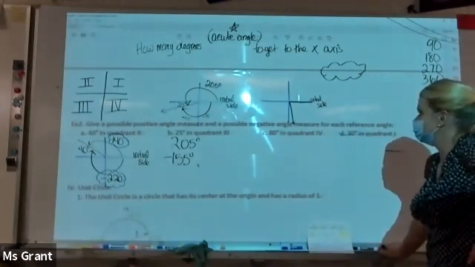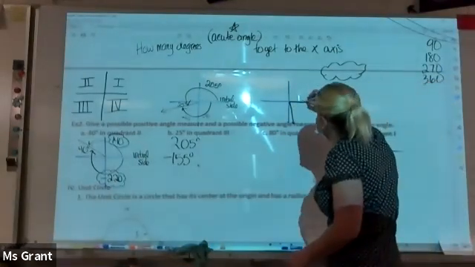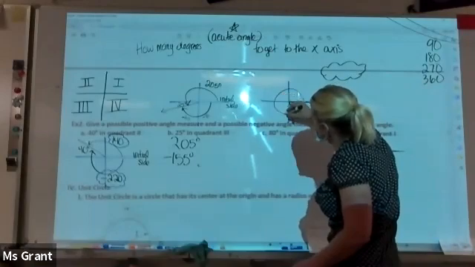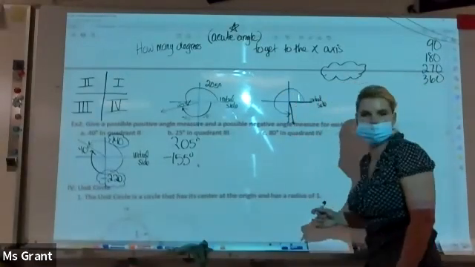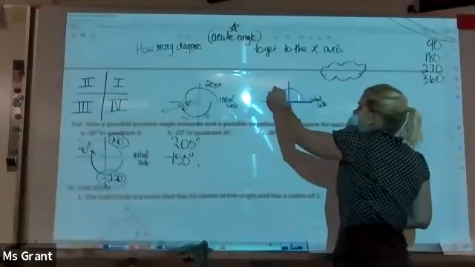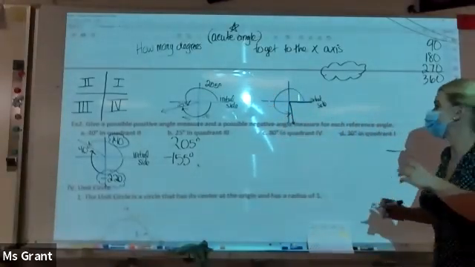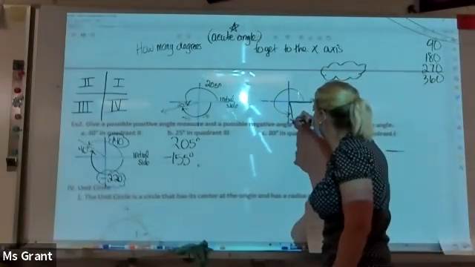Now, two ways. What's the positive? How much? What's that? 110. No, more than 110. 90, 180, 270. 270 plus 10 more, because this is like 10, right?